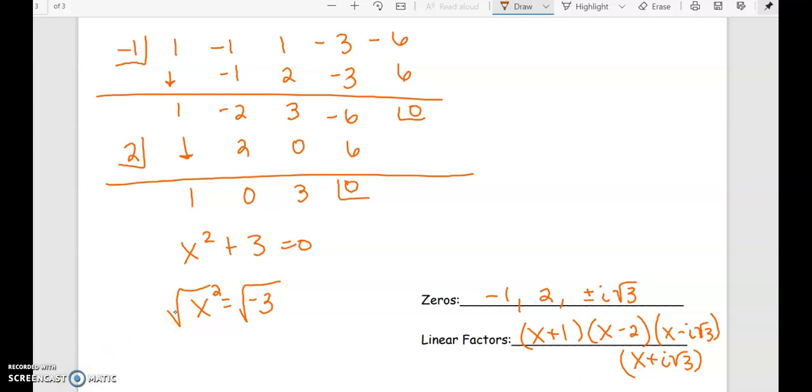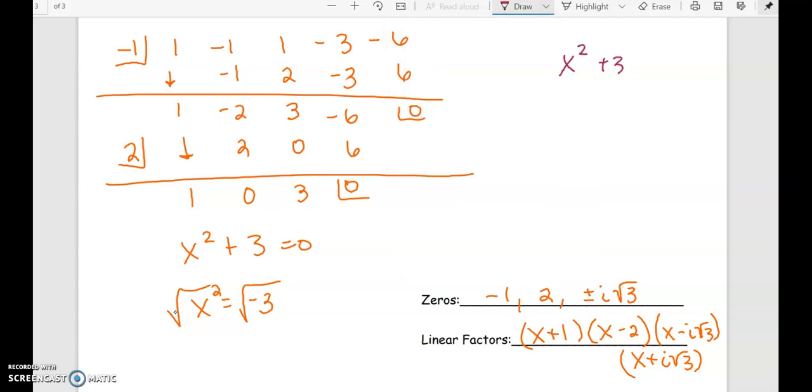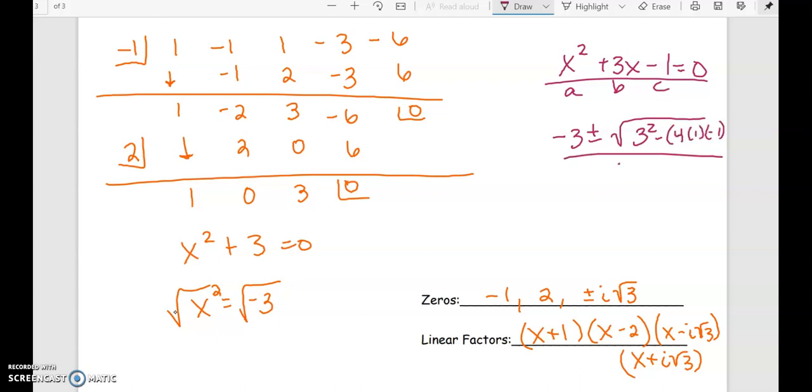Just a reminder that if you get to something that you can't factor, like x squared plus 3x minus 1, there's no factors of -1 that add to get 3. So then you need to do a, b, c. You'll need to do your x equals the opposite of b plus or minus the square root of b squared minus 4ac, all over 2a, and then simplify.